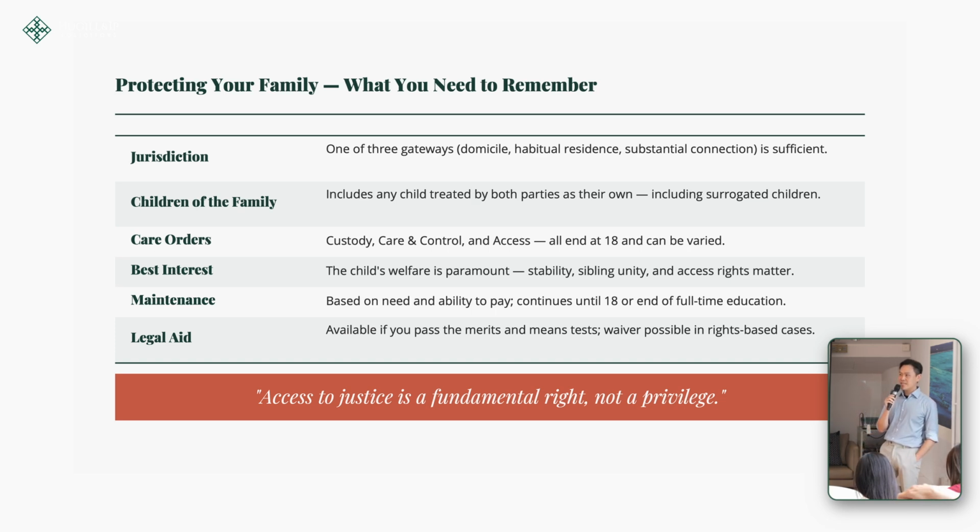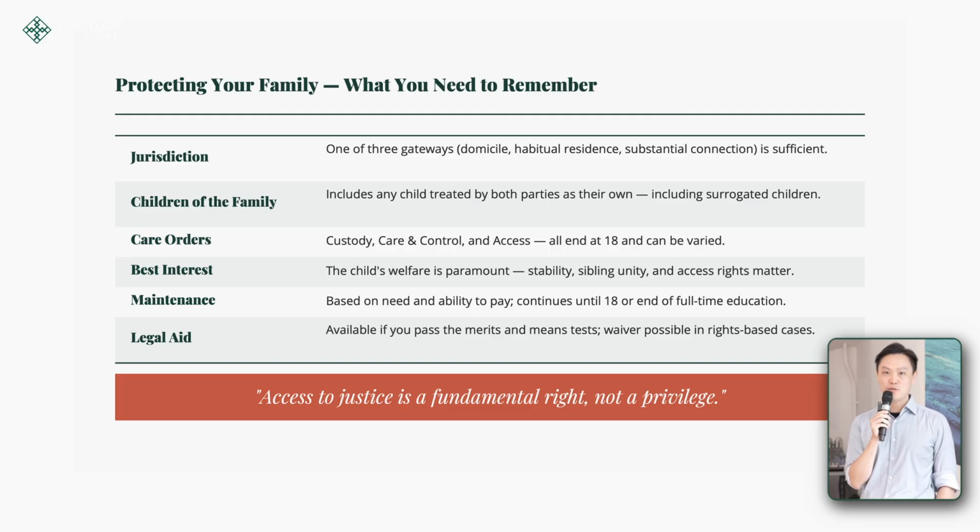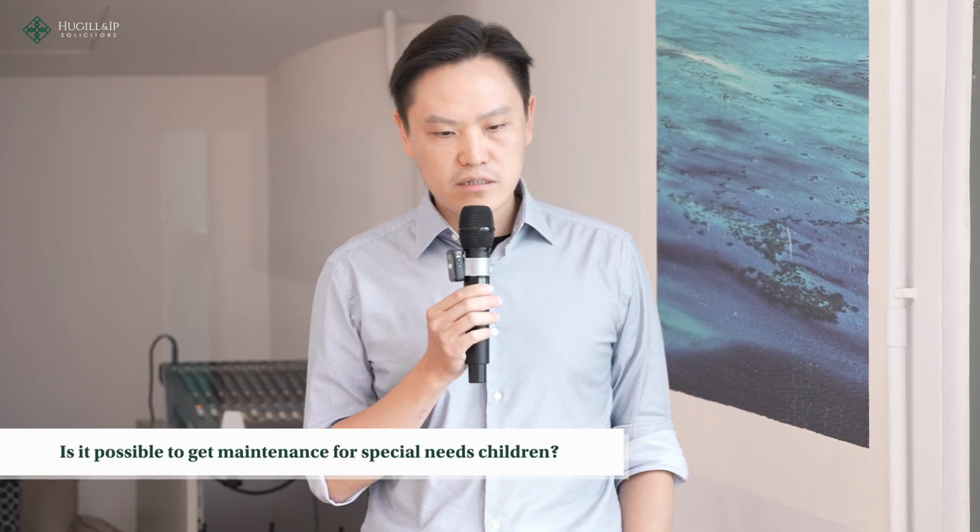If there's anything I want you to take away from this short presentation, it's mainly that for children's orders, keep in mind custody, care and control, and access, and that the guiding principle is always the best interest of the child, not the parents.